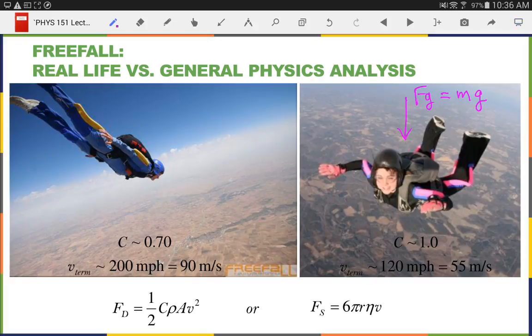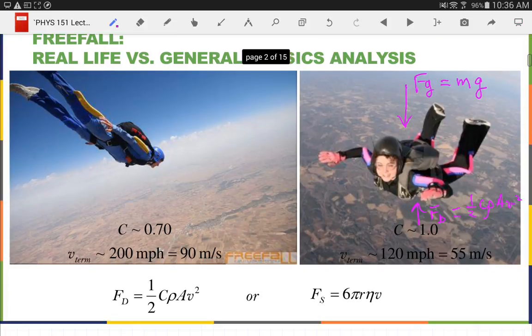It's going down, has a magnitude of mg. And then we have the force that we have been ignoring and that we will continue to ignore unless specifically asked about it. But that's going to be the drag force, which is going to be 1/2 c rho A v squared.